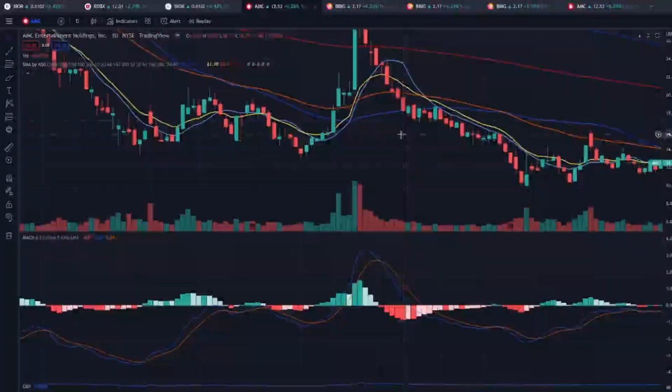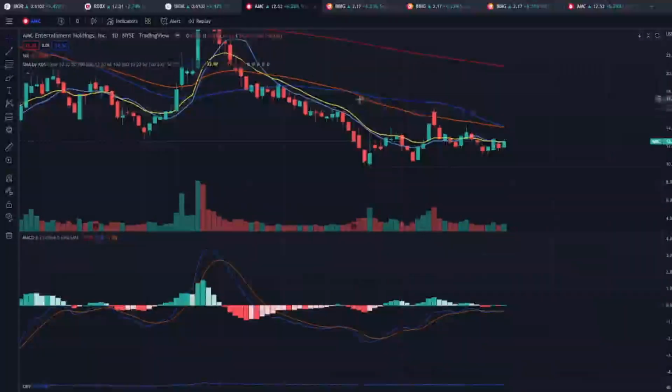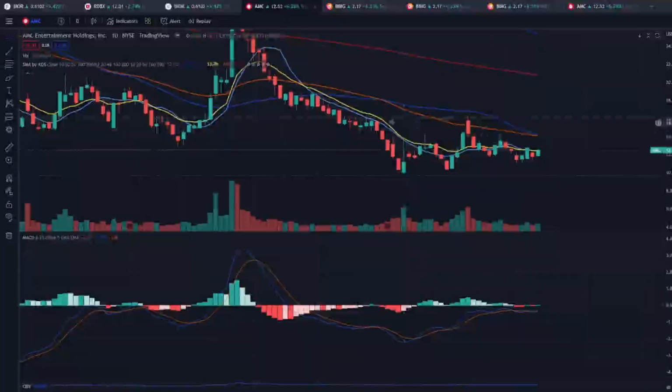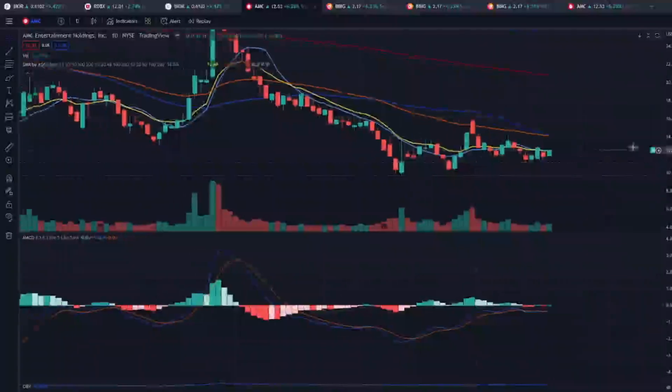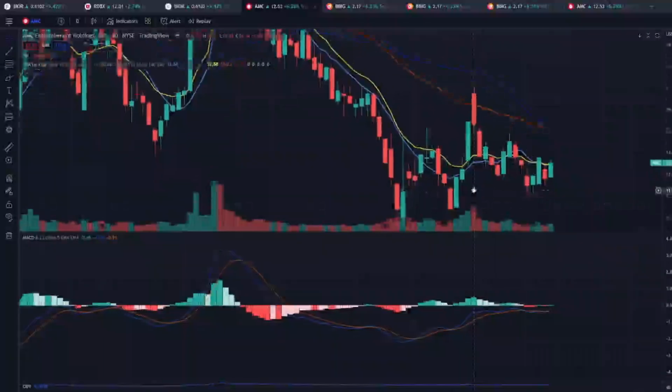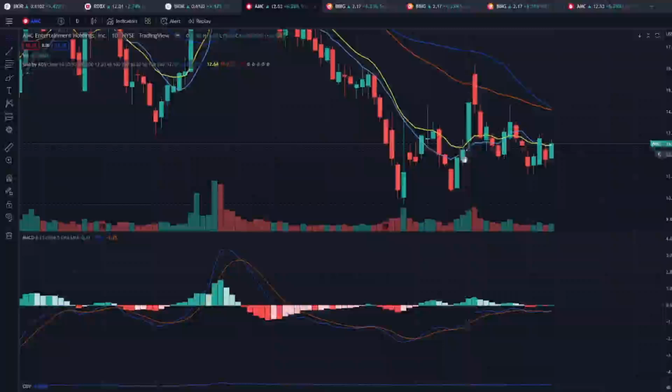So you can take those trades, but trading against the long-term trend, or let's say the longer term in your time resolution, is more dangerous. So in this case, trading against a very negative medium term is probably a bad idea. Or rather, you have to make it a much shorter period of holding. So when I played AMC here, I held it for hours at a time when the short-term trend was agreeing with me.